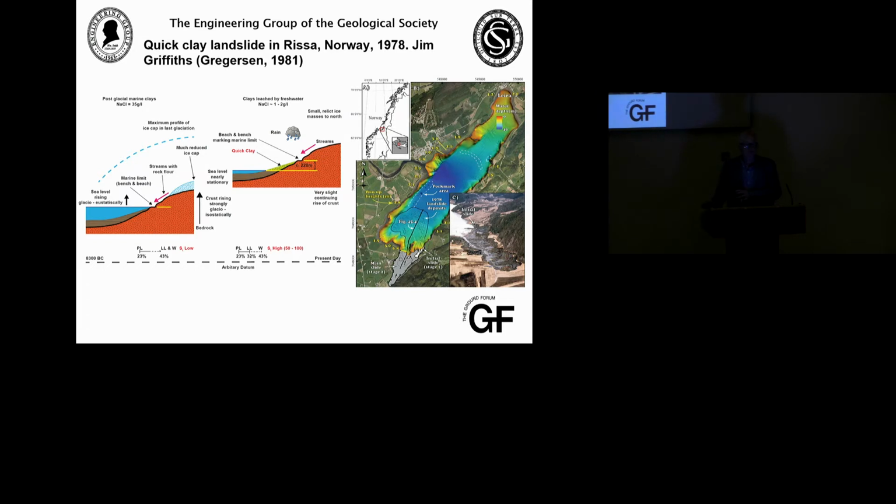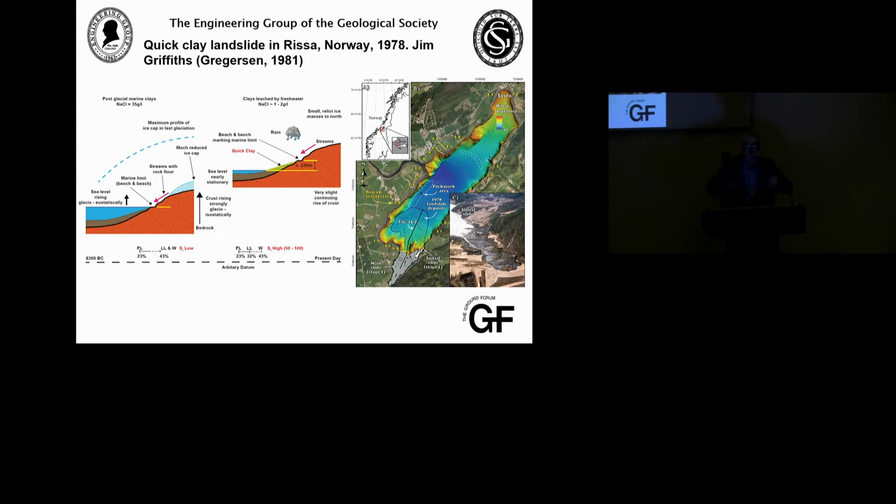You remove the salt dissolved in the pore waters, you replace it with fresh water, you get a reduction in strength, you get very different kinds of engineering behaviour, a legacy from that Quaternary history, a legacy from marine deposits, silts being deposited in marine conditions, being lifted above sea level by isostatic recovery, that saline pore waters being flushed out and getting a very problematic soil, a very problematic geological hazard.